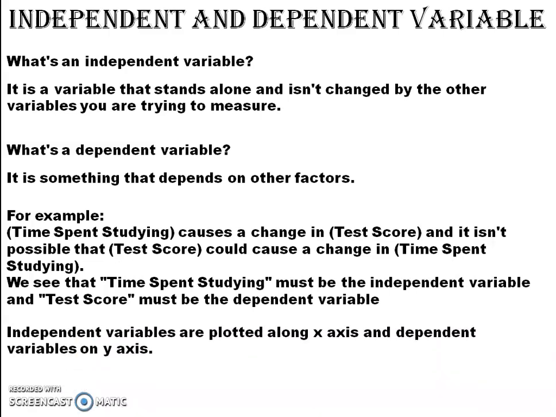So independent variables are usually plotted along the x-axis and dependent variables are plotted along the y-axis. If you remember the linear graph which we drew for the cost of apples, if you go through your graph notebook, you can see it. The number of apples is independent.